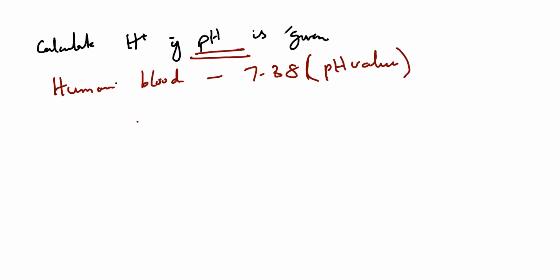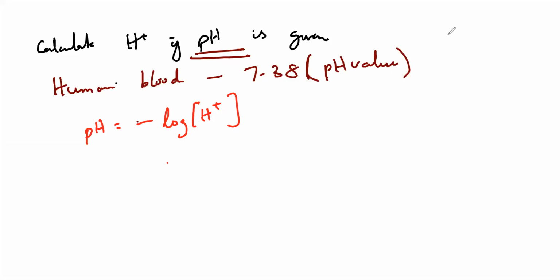So first thing is what? pH is equal to minus log of H plus. pH is given as 7.38. This is equal to minus log of H plus.